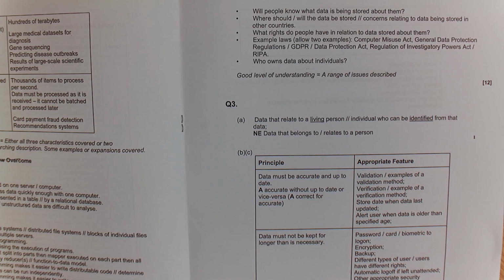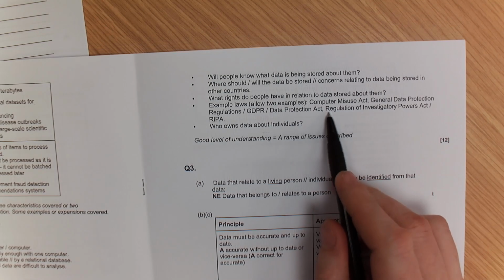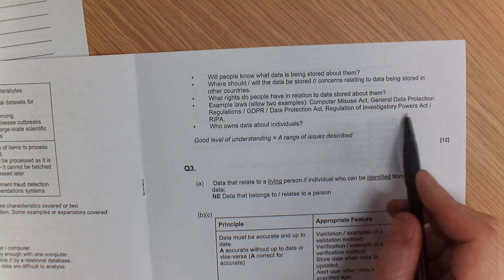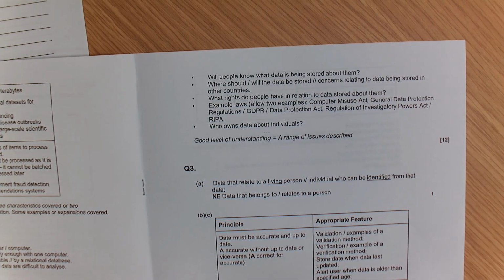The Regulation of Investigatory Powers Act allows the police to look at information if they suspect that it's something that is not keeping us safe. So there are certain laws that allow those agencies to look at the data if they think that something is a threat. If that's something that you've forgotten about, it's worth looking up, because it doesn't mean that they're not going to throw it in there.